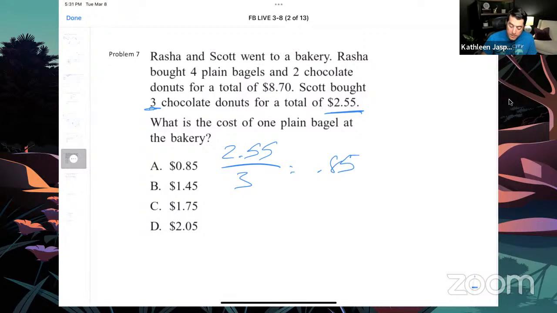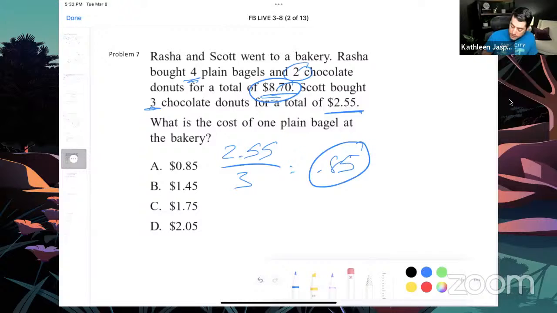Why is that important to me? Because I bought 2 chocolate donuts up here, and then the rest were plain bagels, and now I've got my price. So with 3 variables, bagels, chocolate, price, as long as I have 2 of them, I can solve the third. I've got total price here, and now I've got how much each donut costs.